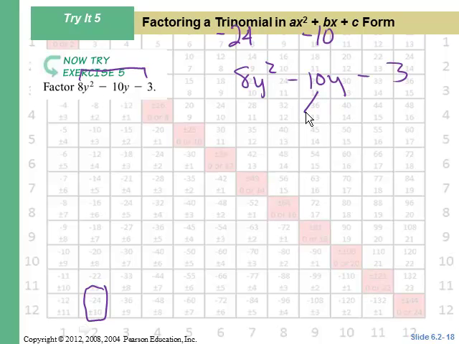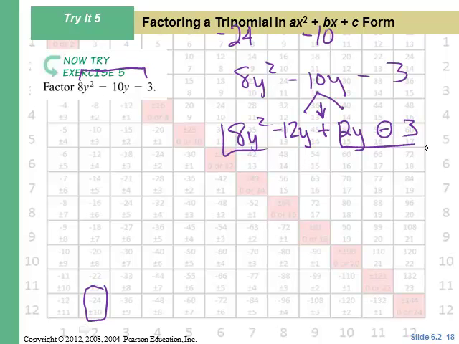We're going to split it into negative 12y positive 2y. 12 and 2, that's how you split it. And if you notice, negative 12y plus 2y is negative 10, so that's worked out. And if you have a choice, put the plus sign in the middle so that you don't have to worry about changing this sign back here at the end.